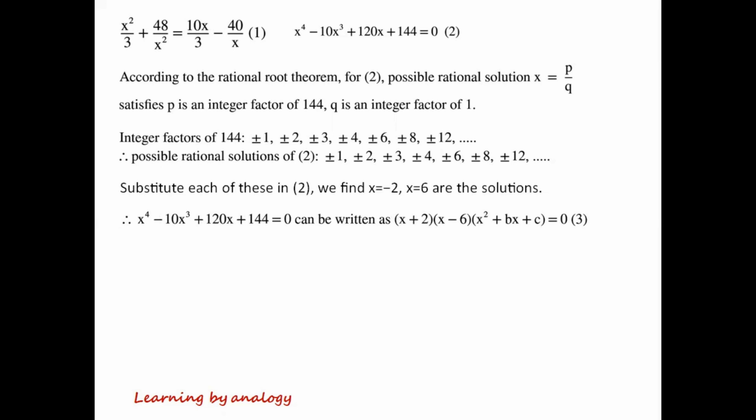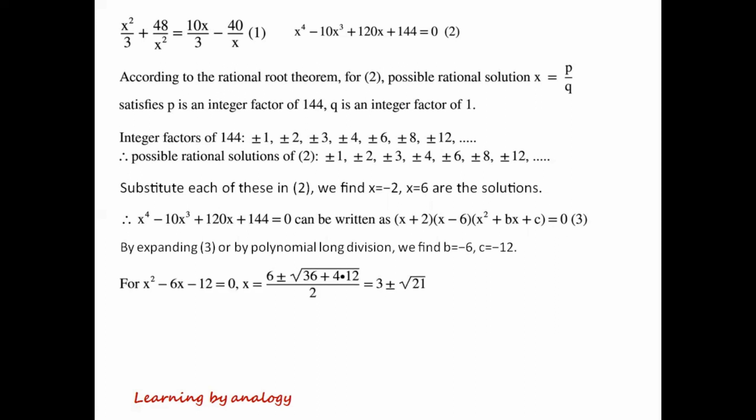So x to the power of 4 minus 10x cubed plus 120x plus 144 equals 0 can be written as x plus 2 times x minus 6 times x squared plus bx plus c equals 0.